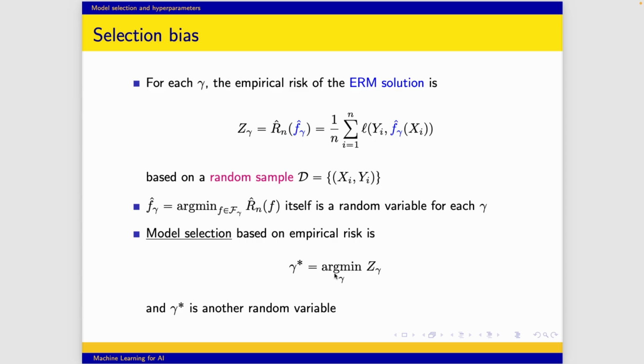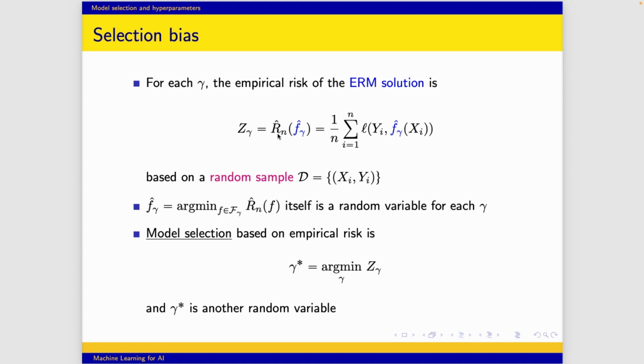It finds the value of gamma that minimizes this z gamma, which is defined as the empirical risk of the ERM solution. Now, this itself is going to be a random variable, right? Because everything in here is random. This z gamma is a random variable.